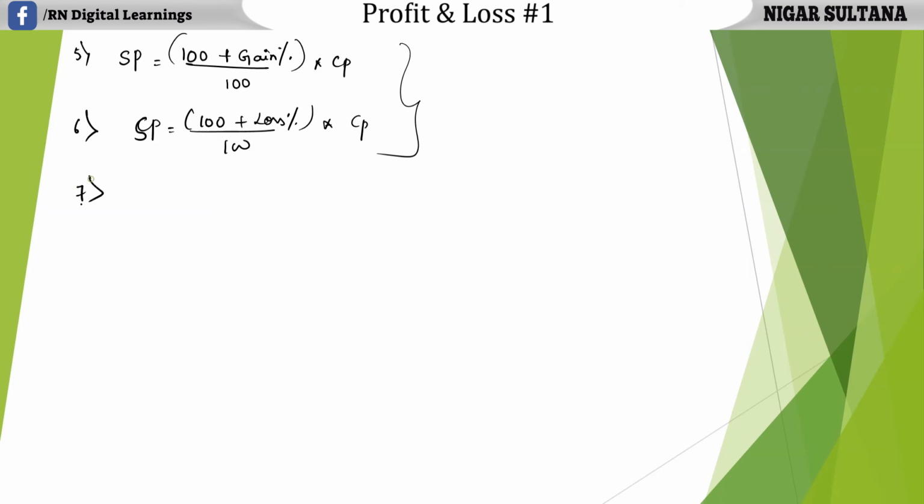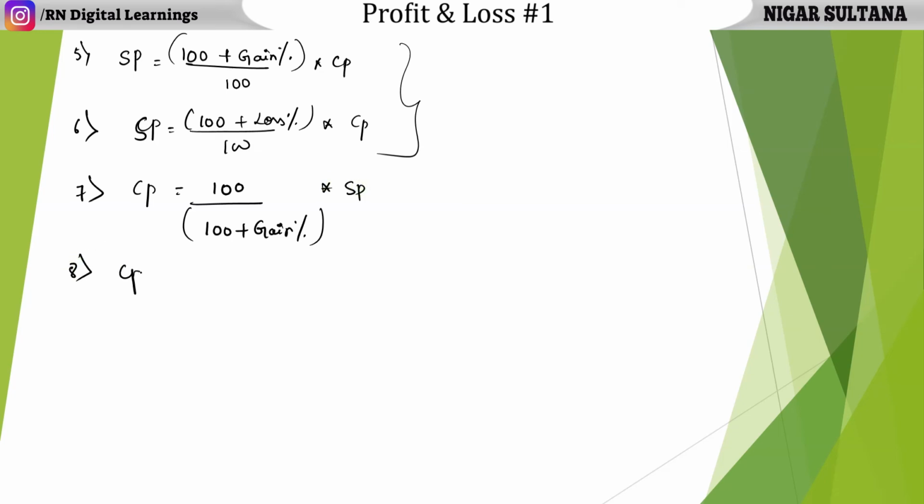Now suppose there is another case, where they are asking you to calculate the cost price when they have given the gain percentage or the loss percentage. So what is the formula? Cost price is equal to 100 divided by 100 plus gain percent into selling price.